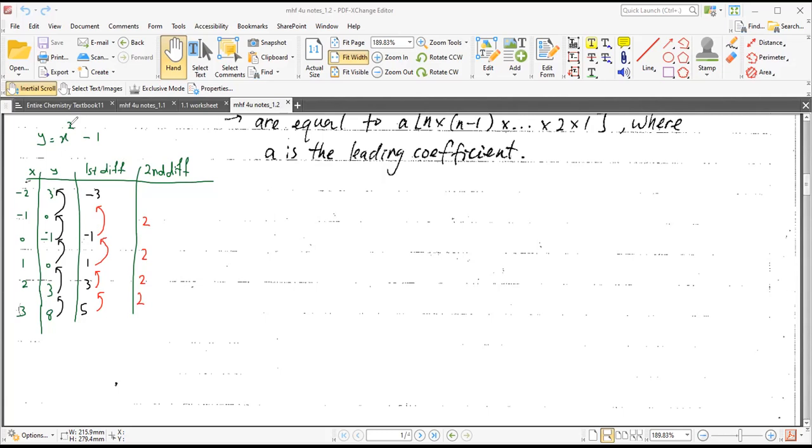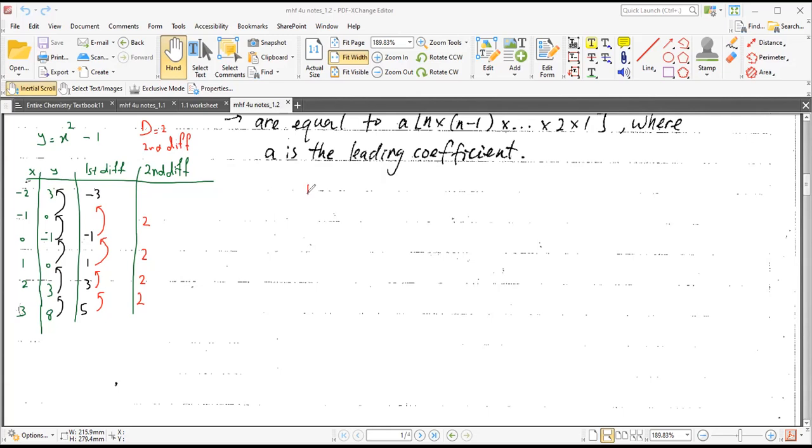Because the power is 2, our second difference will be constant. Make sure you note the degree here, we have degree 2. That's why the second difference is constant. There is a relationship between the leading coefficient and the nth difference.